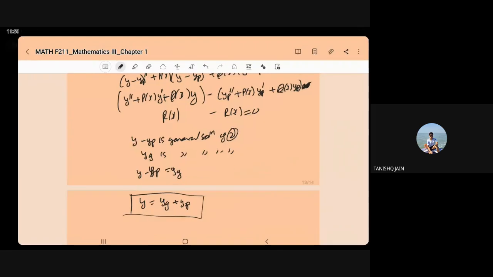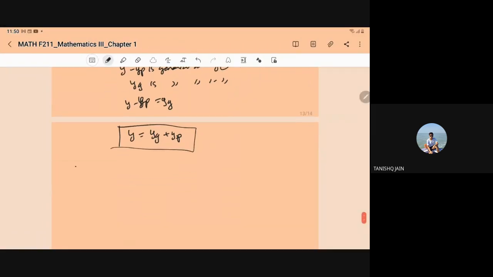I am saying that y1 is a solution of y double dash plus p(x) y dash plus q(x) y is equal to 0, and y2 is also a solution of the same equation. It implies that they must satisfy the condition.